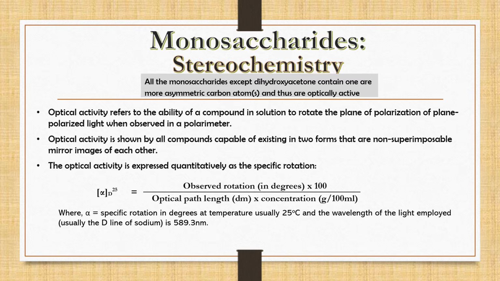In this formula, [α]D25 is equal to the observed rotation in degrees multiplied by 100, divided by the optical path length multiplied by the concentration in gram per 100 mL, where α is the specific rotation in degrees at a temperature, usually 25 degrees Celsius, and the wavelength of the light employed, usually the D line of sodium, which is 589.3 nanometers.